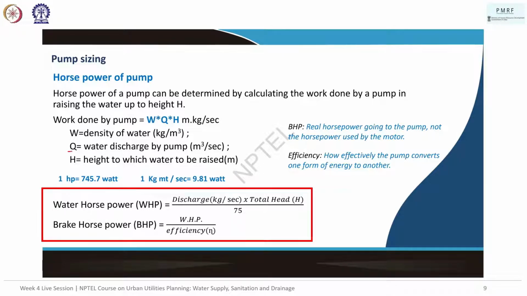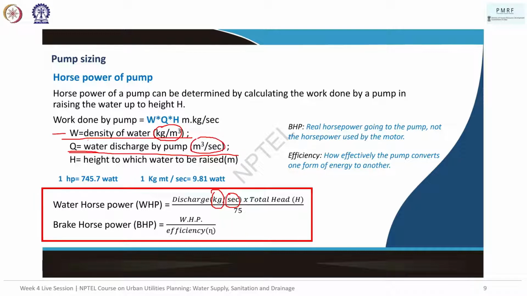We need to basically take water discharge from the input, whatever is being discharged by the pump in meter cube per second, and we should also be taking into consideration water density. So for getting this kilogram per second, we'll be using kilogram per meter cube into meter cube per second.